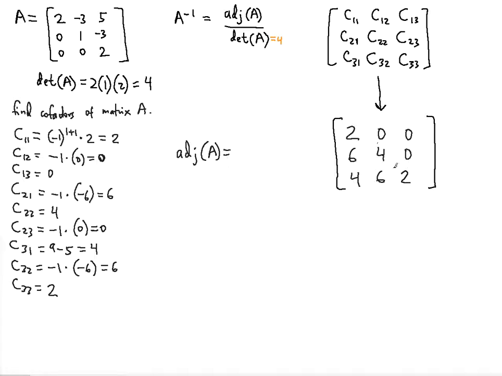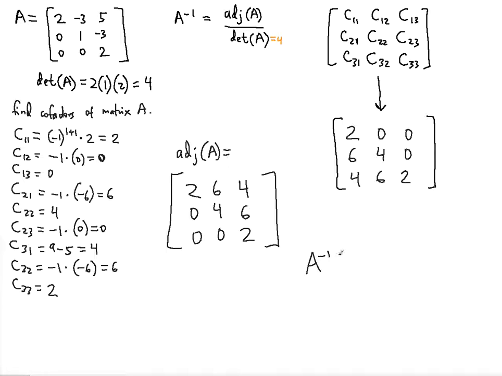And transpose means you keep the same diagonal numbers, and you just reflect the numbers on the sides of the diagonal with respect to this diagonal. So 0 comes instead of 6, 6 comes instead of 0. 0 comes here, 4 goes there, and 6 goes here, and 0 goes here instead. So that's the adjoint. Excellent.